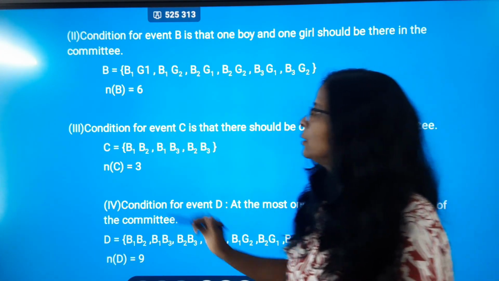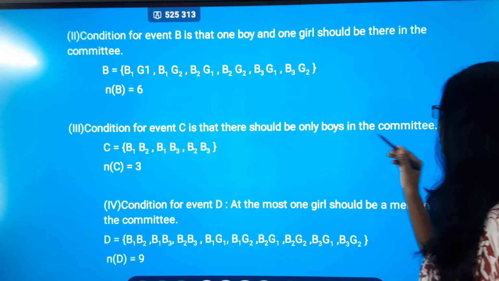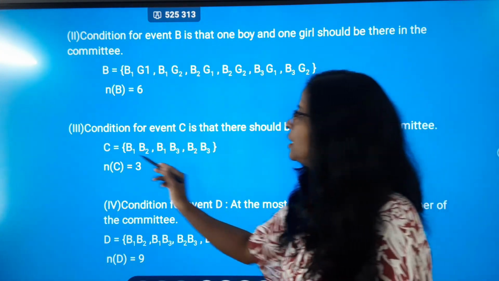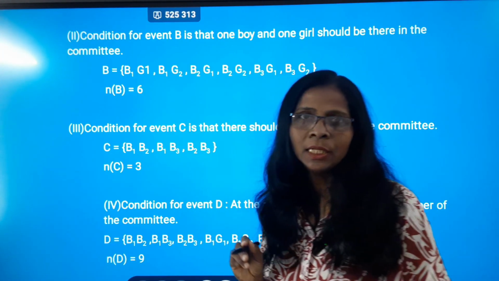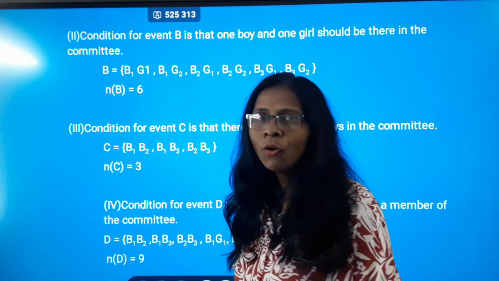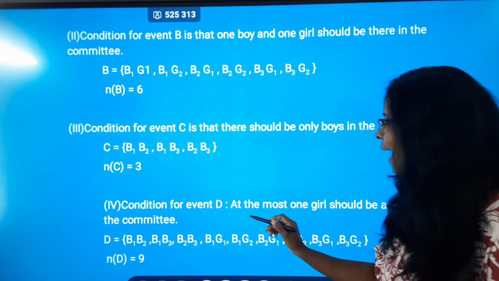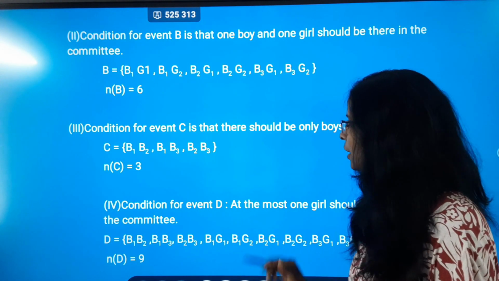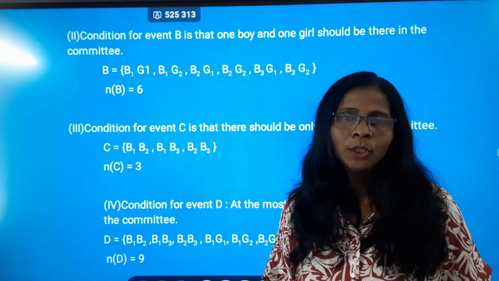Now see the next one. The condition for event C is that there should be only boys in the committee. So C is equal to {B1B2, B1B3, B2B3}. There are only 3 elements, so n(C) is equal to 3. Then the fourth one, the condition for event D, at the most one girl should be a member of the committee. At the most one girl means the maximum one girl should be there.